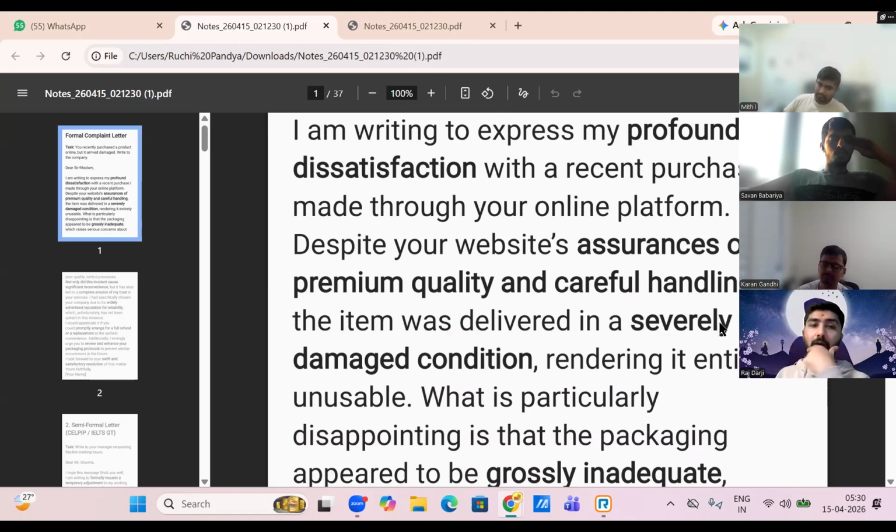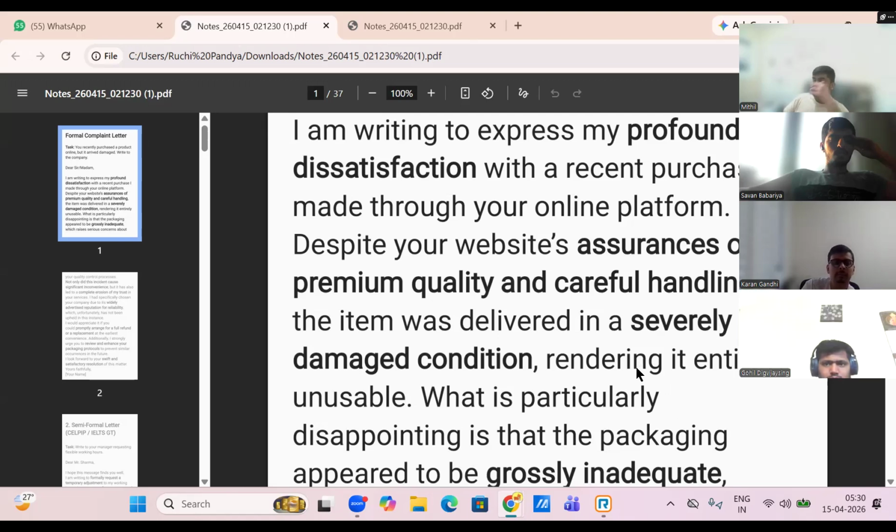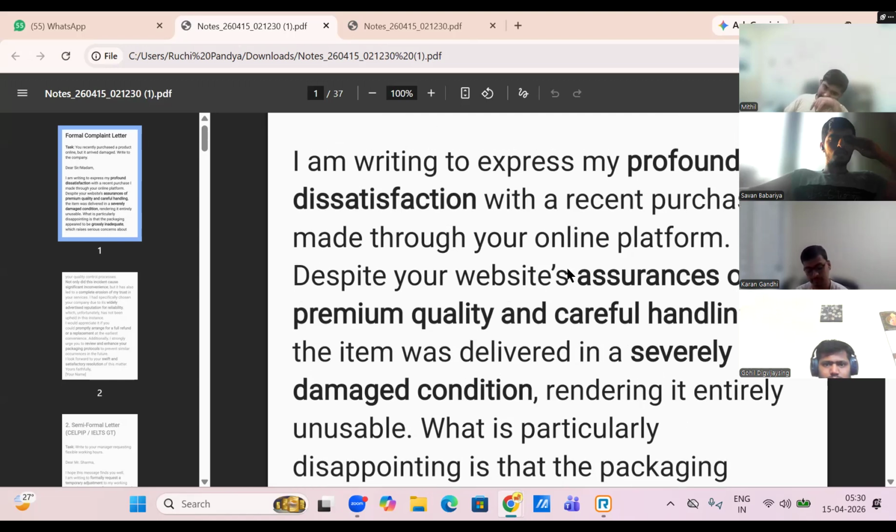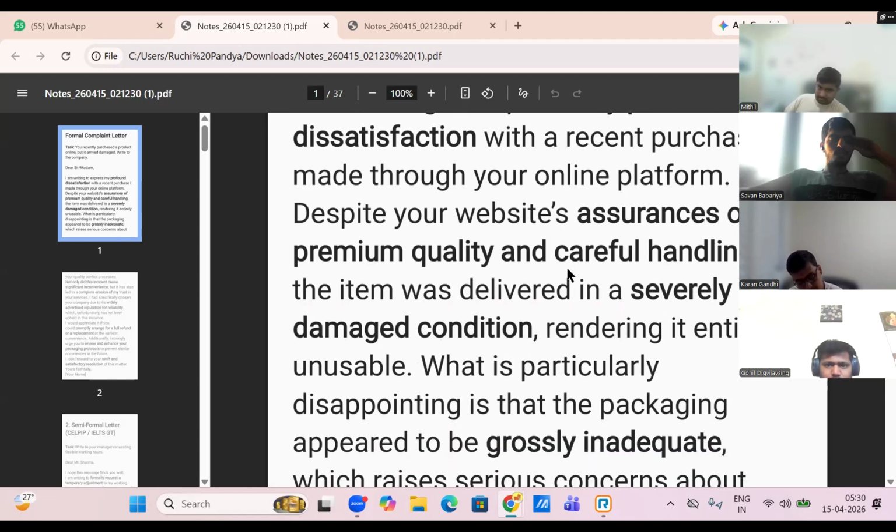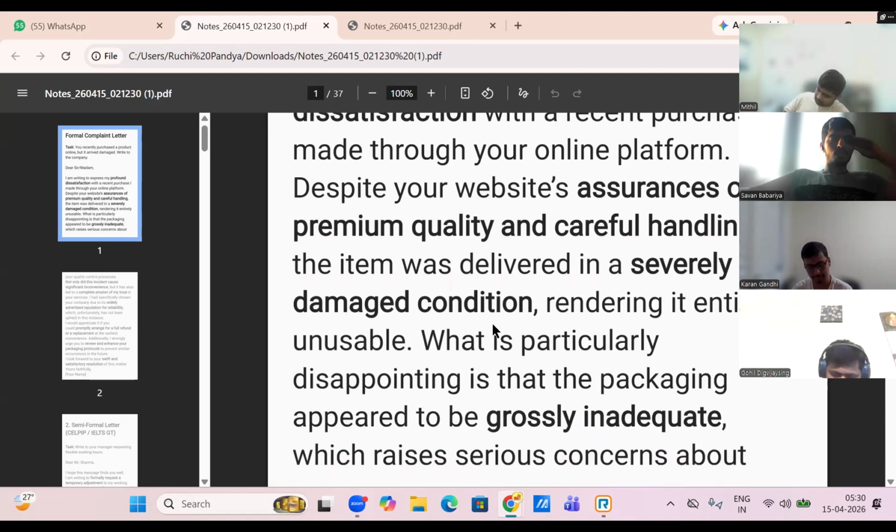SEVERELY. What happened? Okay. Next word is rendering, which we got here. It was delivered in a severely damaged condition, rendering it entirely unusable.